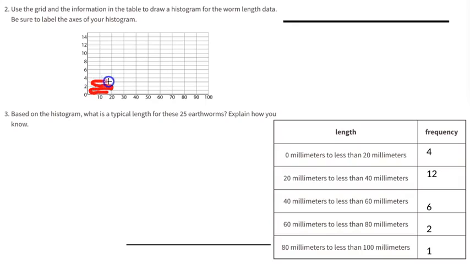You'll be able to shade that in a lot better than I will. Let me fix that. It's a little wide there. Okay, and then from 20 to less than 40, we go up to 12.